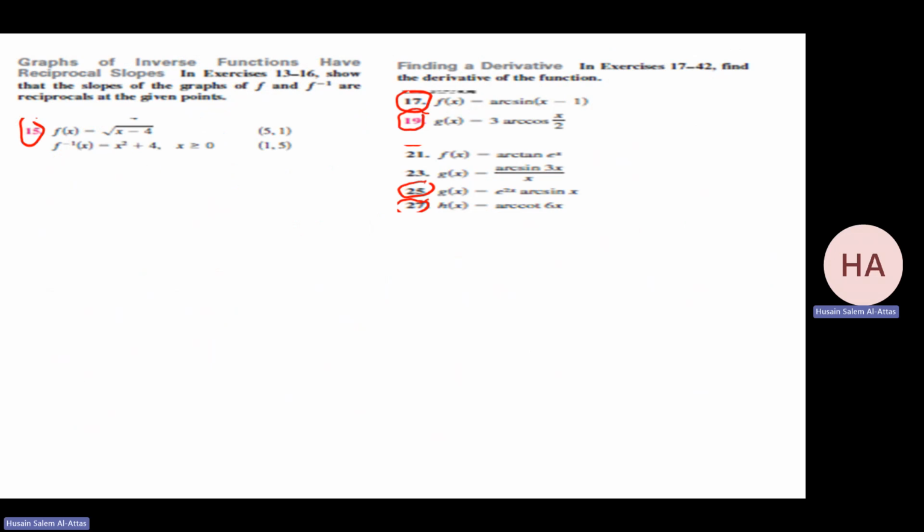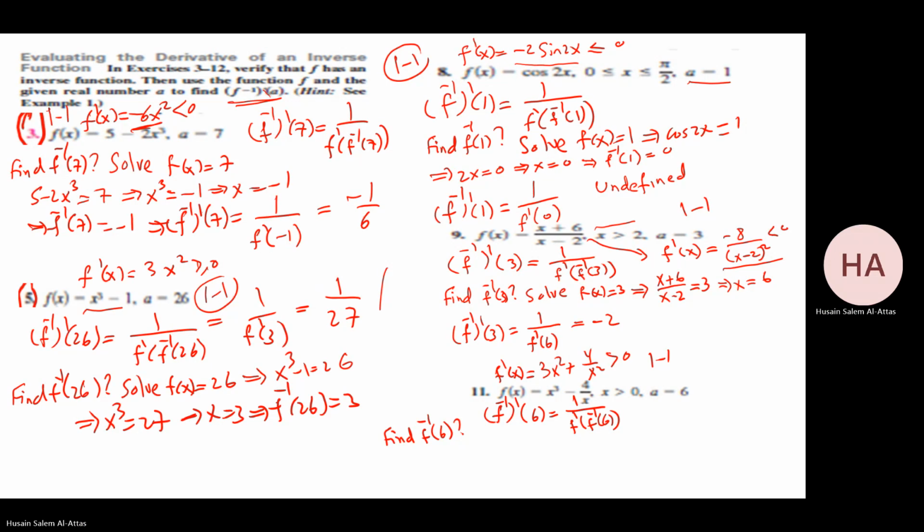How to do that? We solve this. F of x equals 6. In other words, that means x cubed minus 4 over x equals 6, which is very complicated to solve.